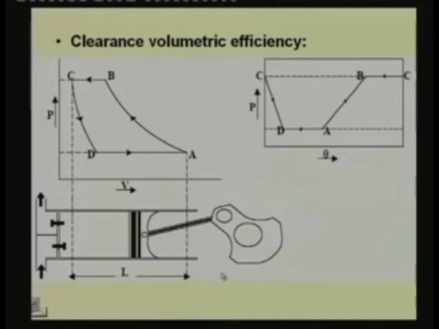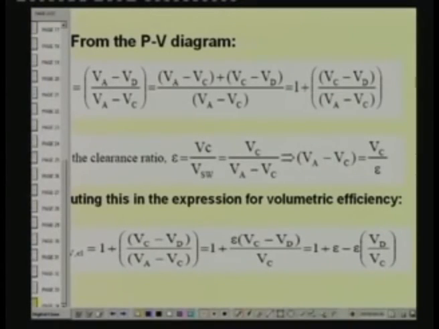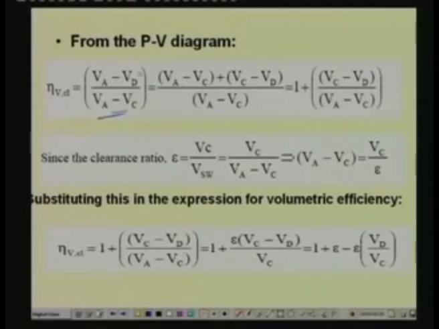Let us try to find an expression for this. The volumetric efficiency for this condition is (Va minus Vd) divided by (Va minus Vc). Now let us subtract and add Vc. So we write this as (Va minus Vc plus Vc minus Vd) divided by (Va minus Vc), which is equal to 1 plus (Vc minus Vd) divided by (Va minus Vc).